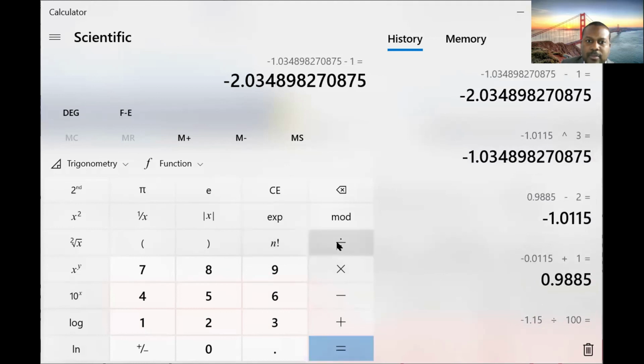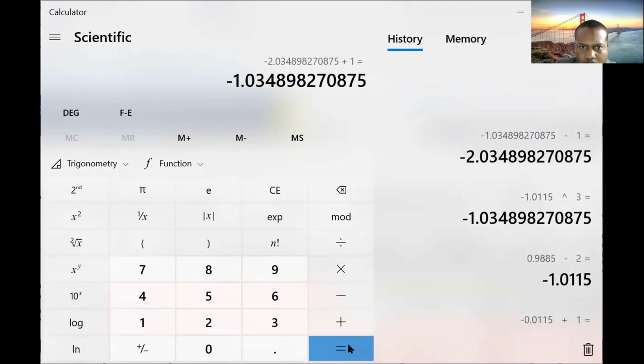Okay, we're having a bit of difficulty here. Okay, so 1 point, let's use 4 decimal places, 1.0349. 1.0349, we're going to write that down.